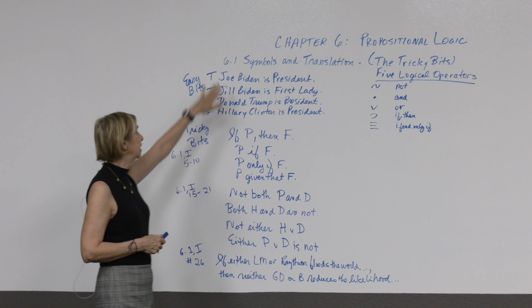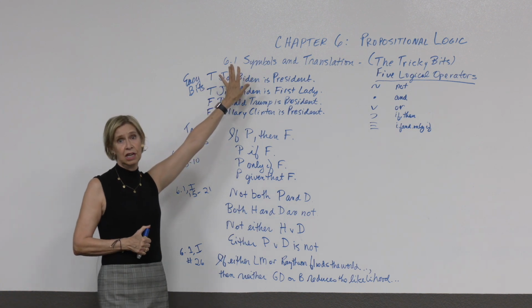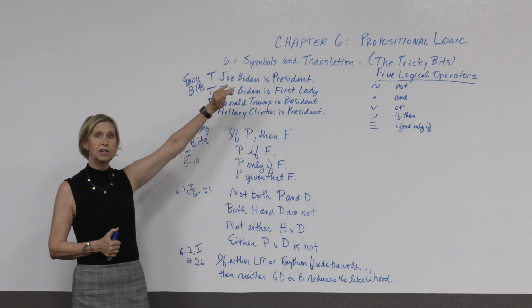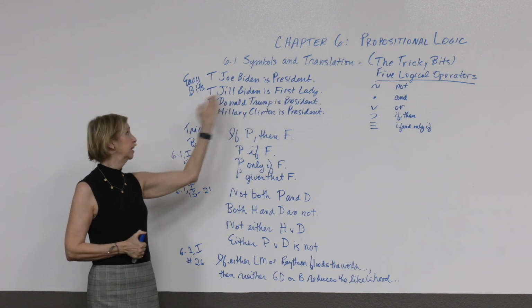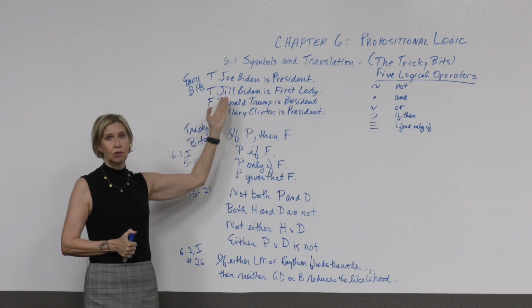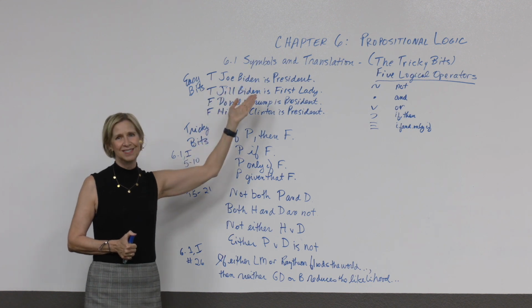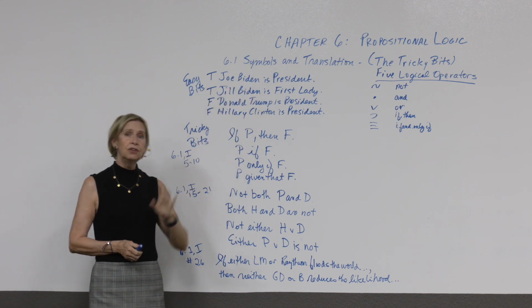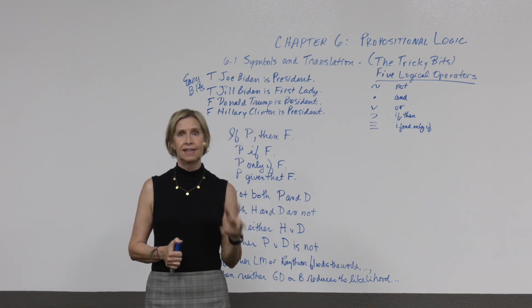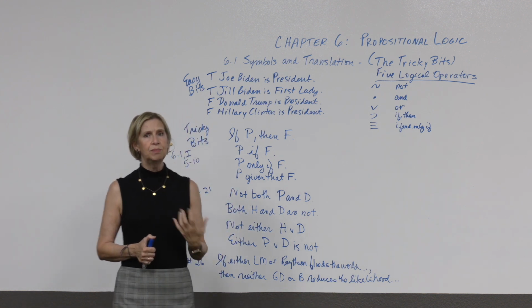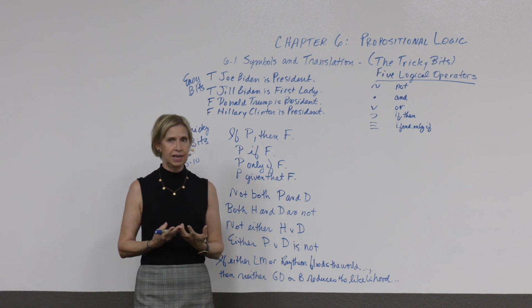And so you might select J for Joe Biden as president. But that would present a problem if we want to put that together with a compound like Jill Biden as first lady, because then we'd be selecting J again. Or even if we used B, they happen to have the same initials. So you can choose any letter of any noun or proper noun in the statement to represent it. Just remember, it has to represent the entire statement.